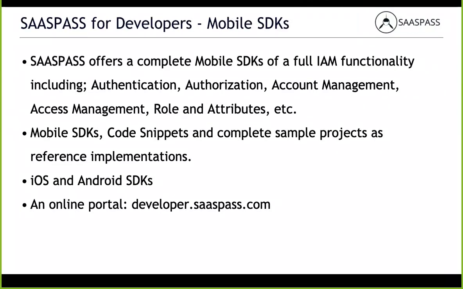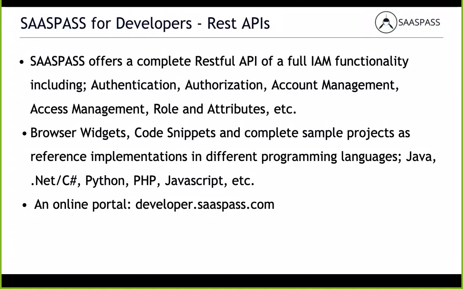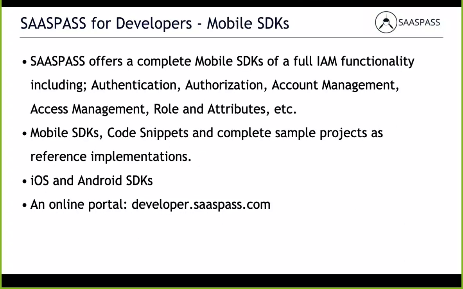If you have a web application or desktop application, or a mobile application, you can still use the RESTful API that I just mentioned, and integrate it with your backend or directly with your mobile application. But if you want an easier and ready solution, then we have mobile SDKs, software development kits, for both iOS and Android.